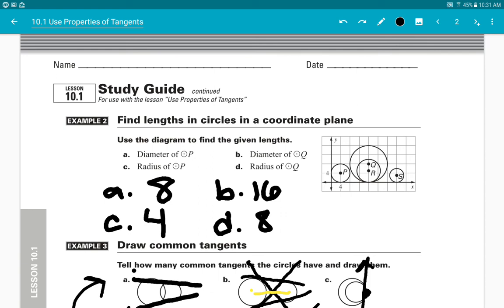Okay, so really quickly, we're looking at circle R. That looks like it's a quarter of the way up from 4, so that's going to be a unit of 5. So the radius for circle R is 5, and that means the diameter should be 10.